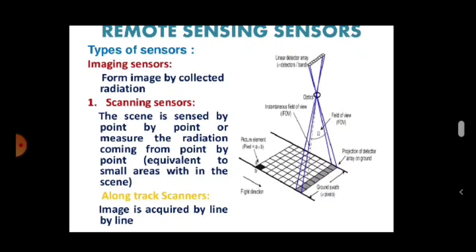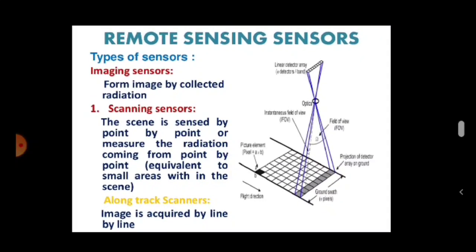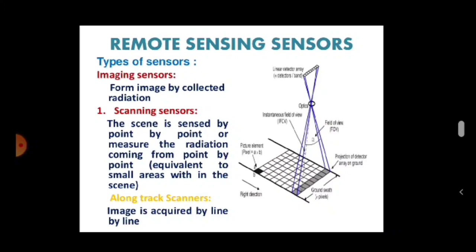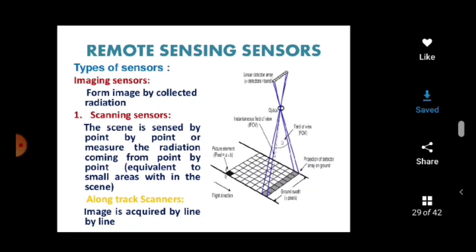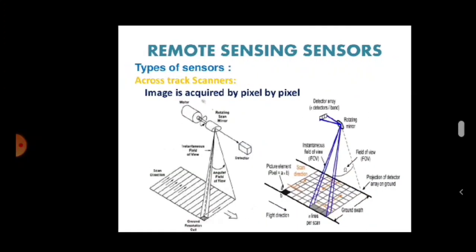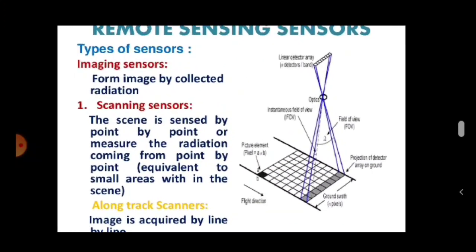There are two types of these, and one is scanning sensors. Here the scene is sensed point by point, which is equal to small areas. So there are two types of these scanning sensors.